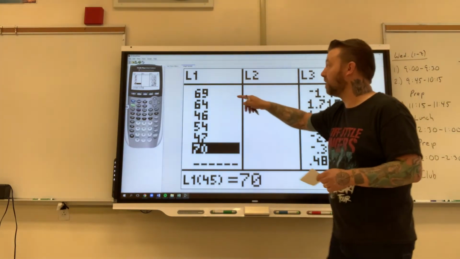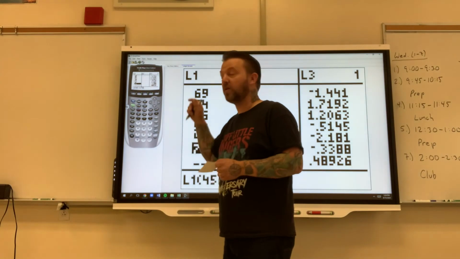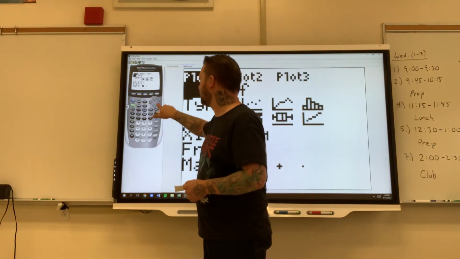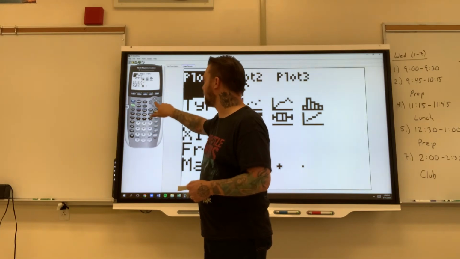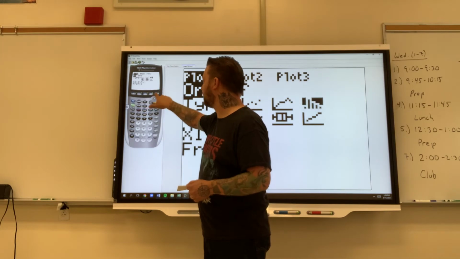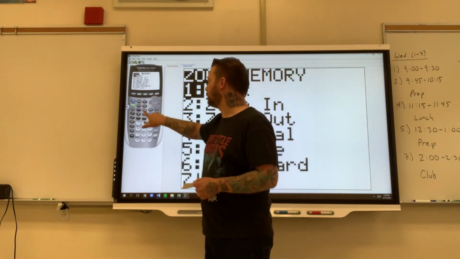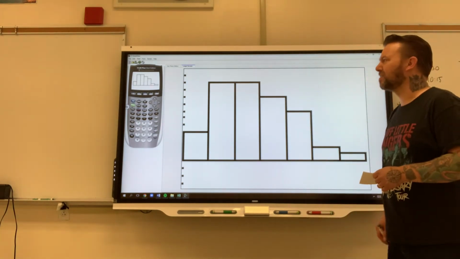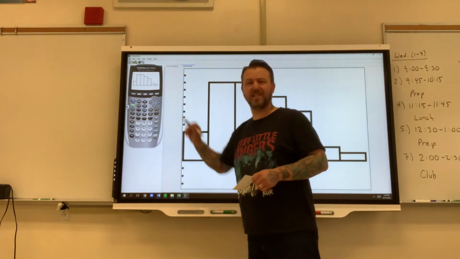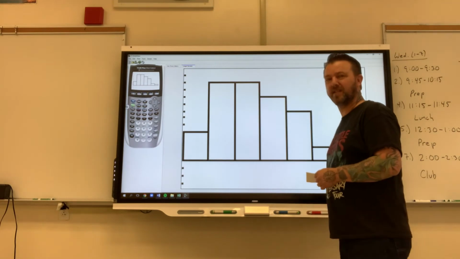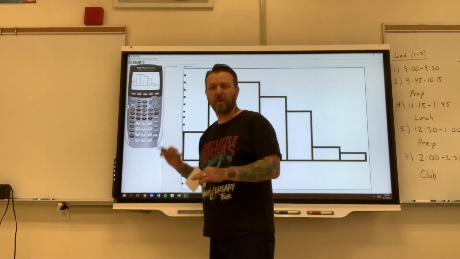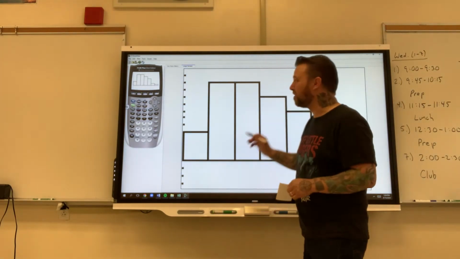So let's see what this graph looks like as a histogram. Turn my plot on. Histogram, graph, zoom stat is zoom 9. And it looks like that. It looks like it's a little bit skewed to the right. Not too much. Not quite normal, but close to normal.